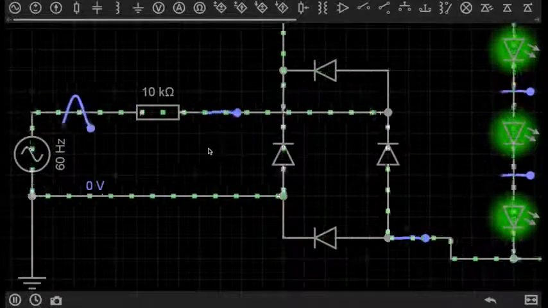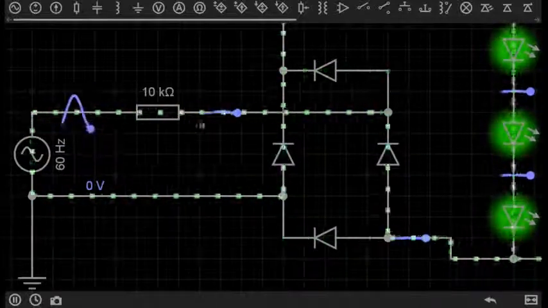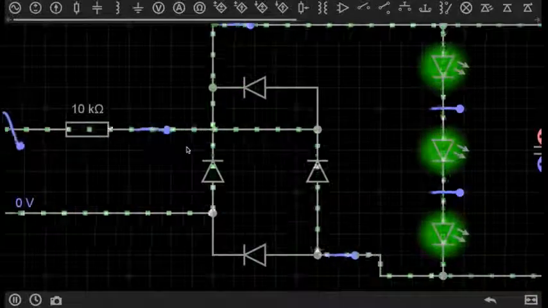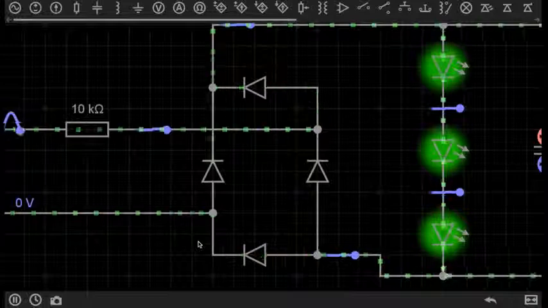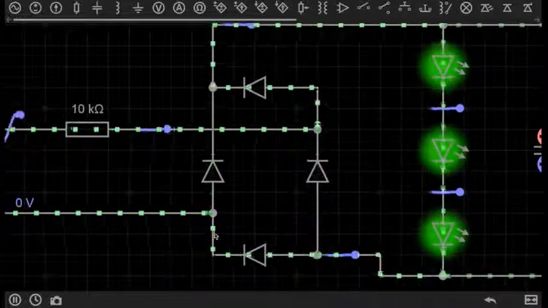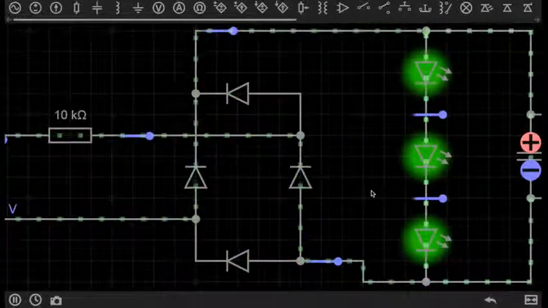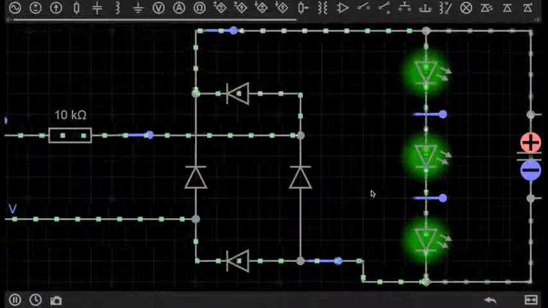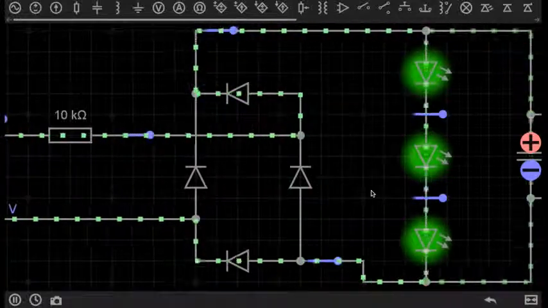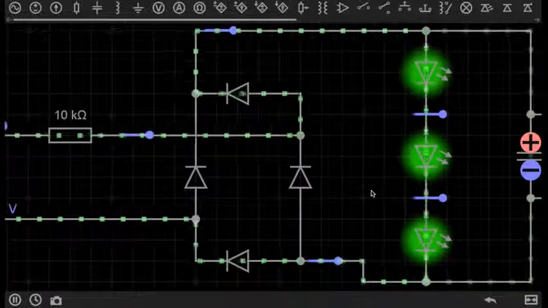The only thing turning this alternating current into direct current are these 4 diodes. Now if you look at the way that they are arranged, you might be able to see what's happening here. So here we are, I've actually slowed it down into super slow motion so that you can actually see the operation.